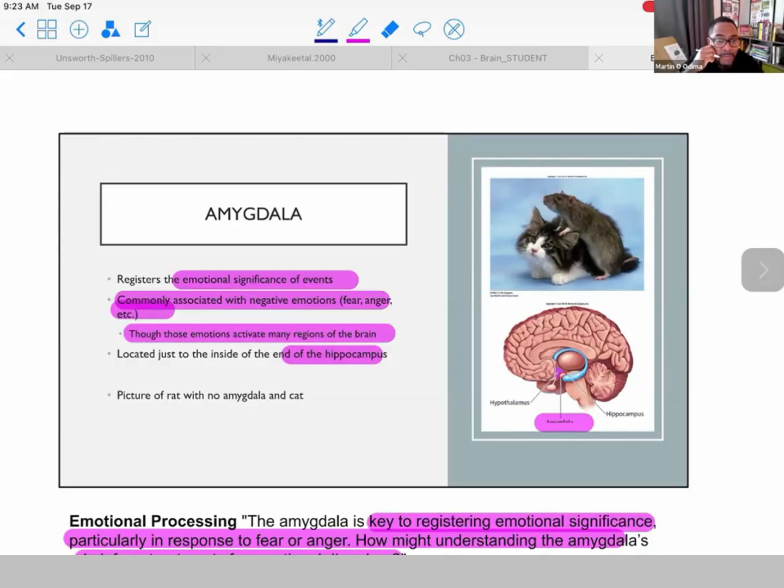We could probably make some predictions about why the rat would still be there and not be scared. Probably because the amygdala is connected to the fear part of the brain, and if you do not have that, then you might not have any experience of fear. So it's a very interesting picture.